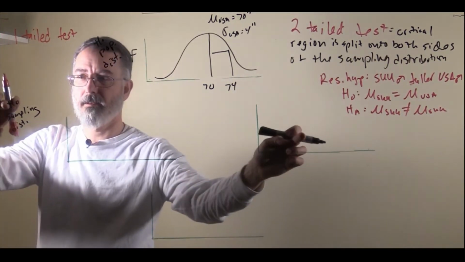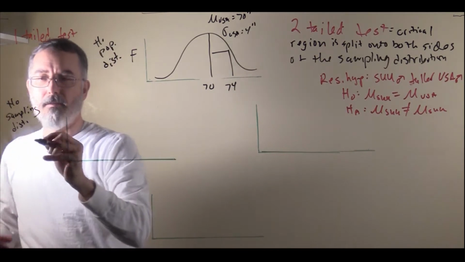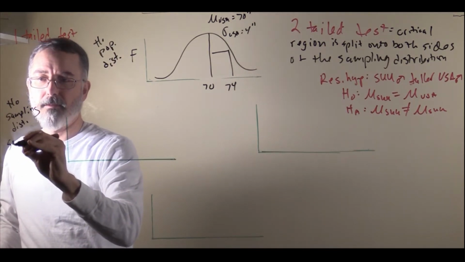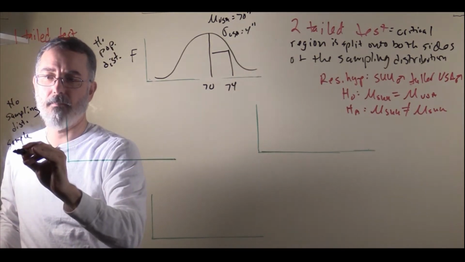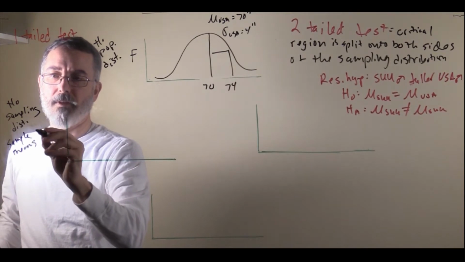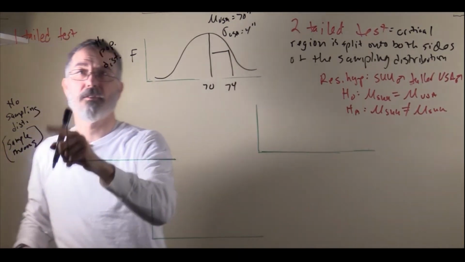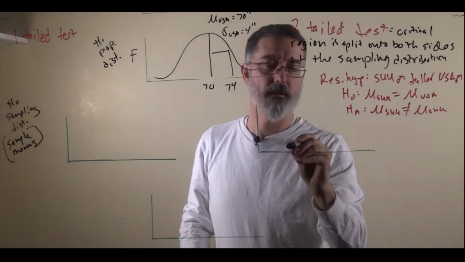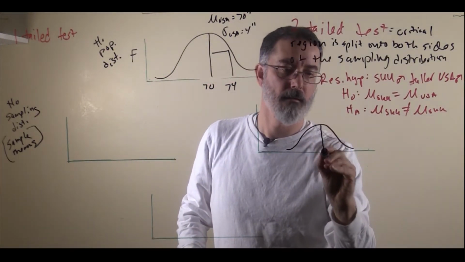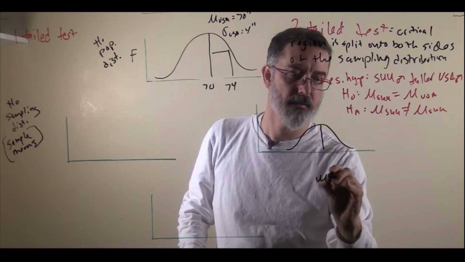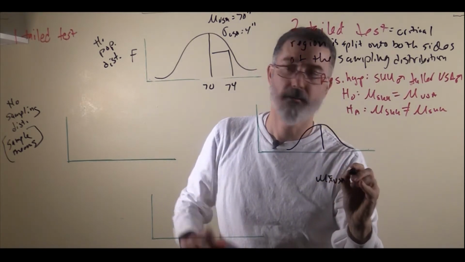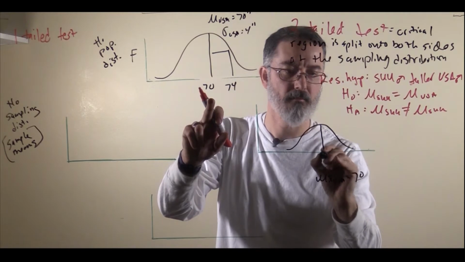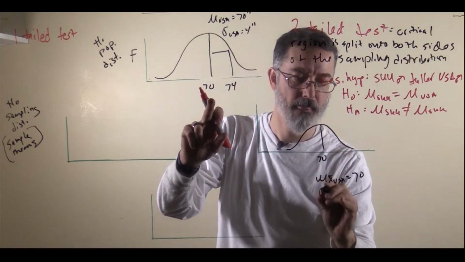So this is the sampling distribution. If the null hypothesis is true, remember this is expected sample means. These are the kind of sample means you expect to observe if the null hypothesis is true, and that's where you're getting your samples. So the mean of that distribution is going to be the same as the mean of the distribution where the samples came from.